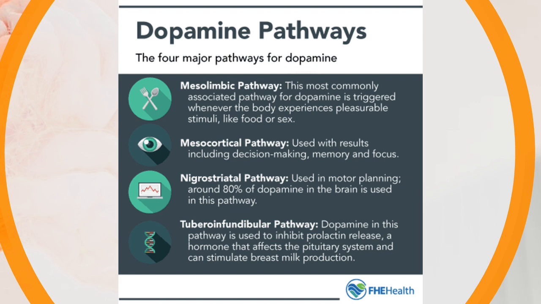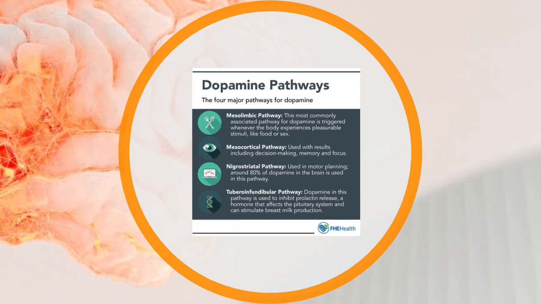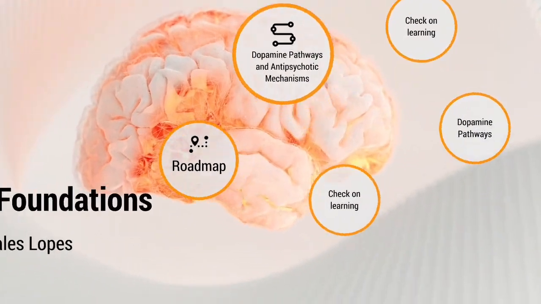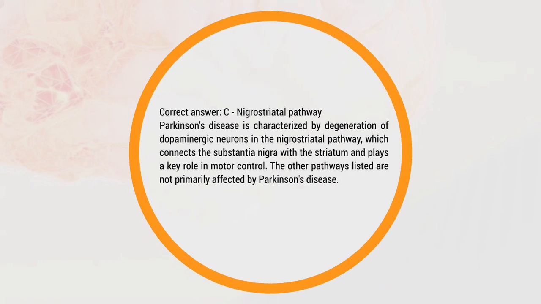How about the tuberoinfundibular pathway? In this pathway, we are dealing with the problem of prolactin release because of a decrease in dopamine. Again, an inverse relationship, dopamine and prolactin. And as we mentioned, it can cause many side effects, right?